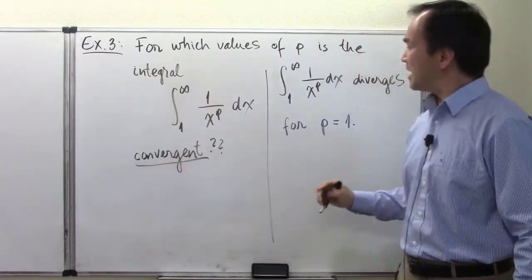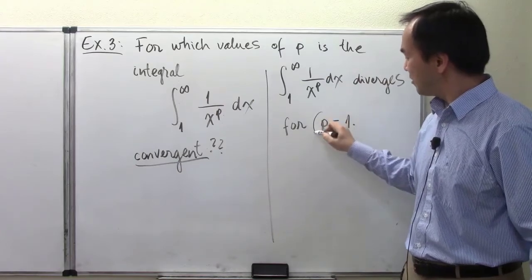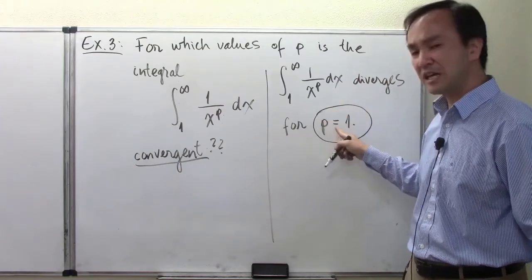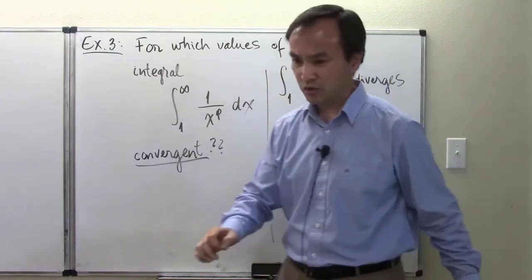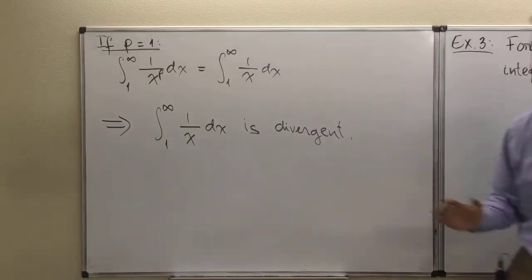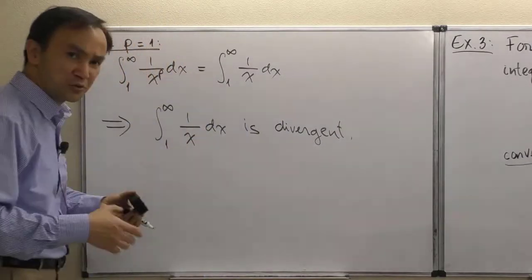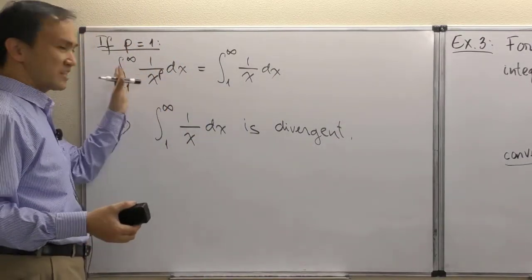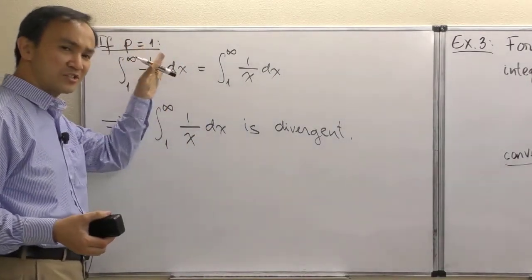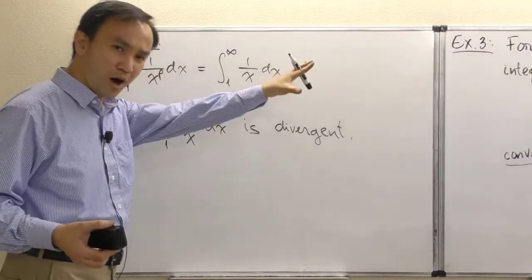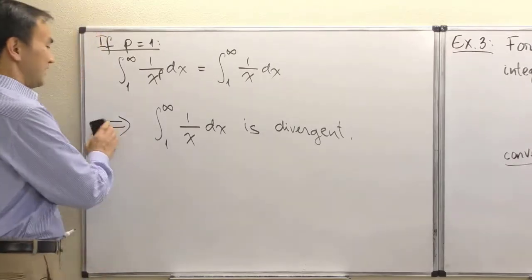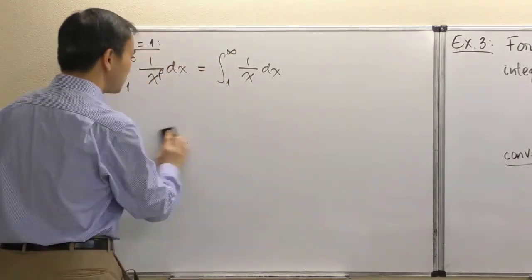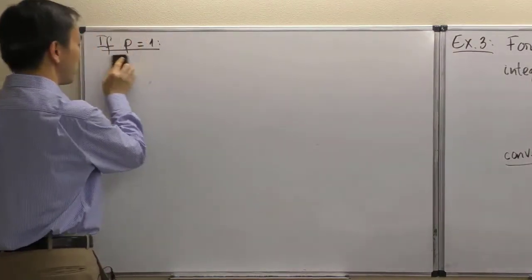But after we focused on p equals 1, that gave us an advantage, because it narrowed down our attention to other cases. So why don't we consider the case where p is greater than 1 and the case where p is less than 1. Now we have a more clear picture of where to go from here.